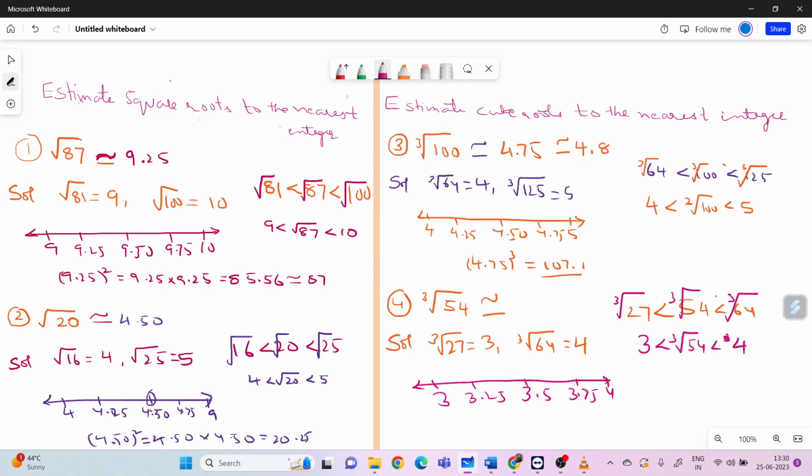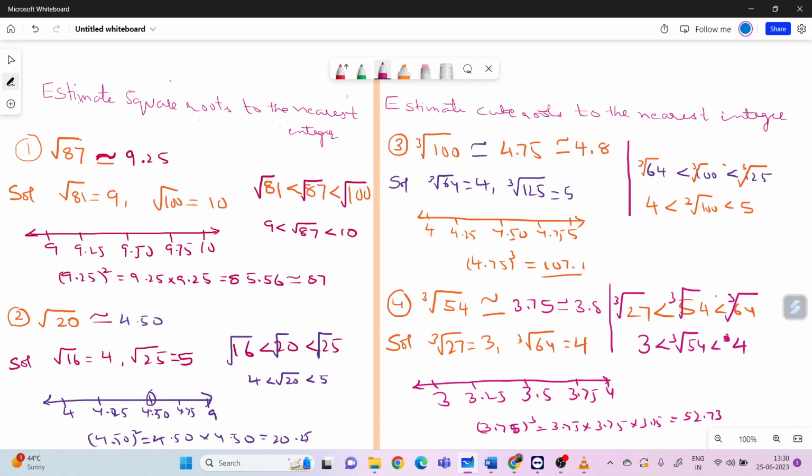So if we go for 3.75 cube, that means 3.75 into 3.75 into 3.75, which is giving me 52.73. 52.73 is almost 54. So this is 3.75, or nearly equivalent to 3.8. Okay, this is the thing.